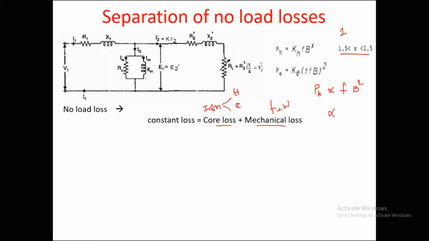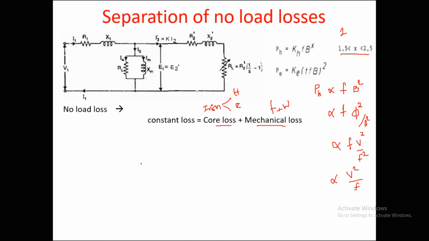We can write the maximum flux density as flux per unit area, so psi squared divided by A squared, and we know the resultant flux is directly proportional to V by F. By replacing flux with voltage and frequency, we can write this as V squared by F squared. So at last we can say hysteresis loss is directly proportional to V squared by frequency.